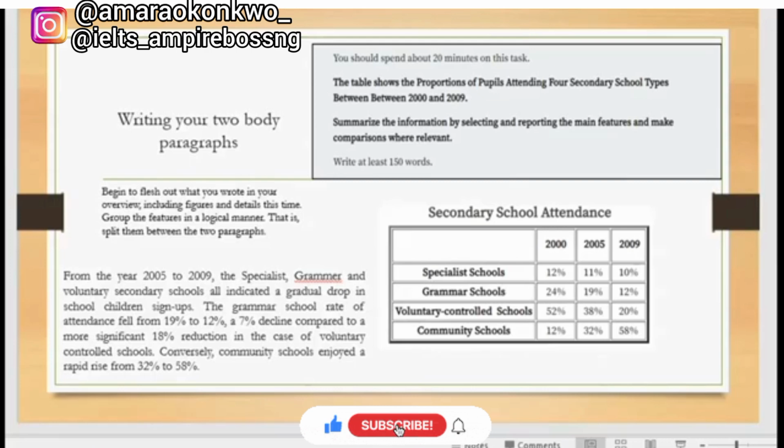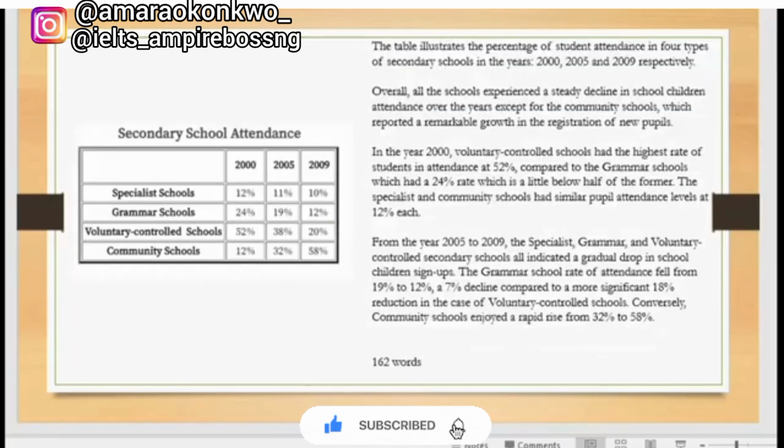Then I would want to give you this task. Also, do a research on Google on linking words that you can use in your IELTS writing, in your essay and in your report writing. Check for linking words. Please, you have to indicate that you are searching for linking words: IELTS academic writing task 1, linking words.